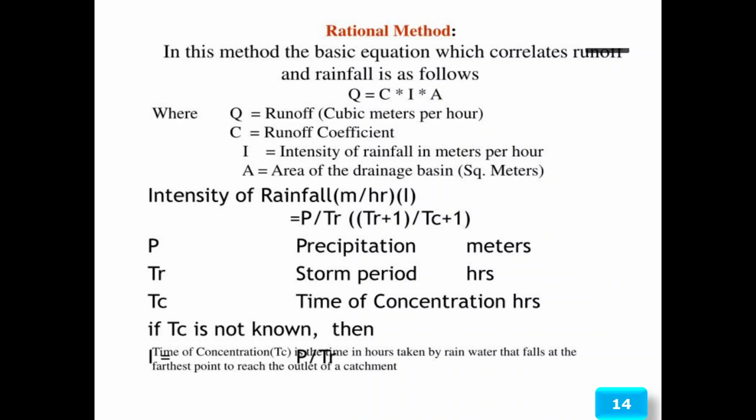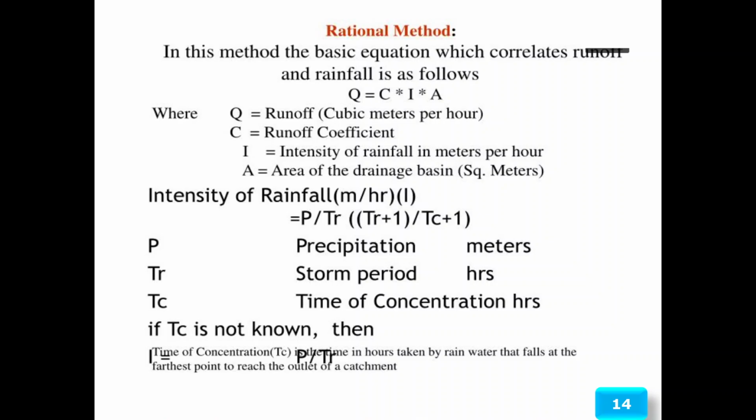The rational method: the basic equation which correlates the runoff and rainfall is Q is equal to C into I into A, where Q is runoff in cubic meters per hour, C is the runoff coefficient, I is the intensity of rainfall in meters per hour, and A is the area of the drainage basin in square kilometers.